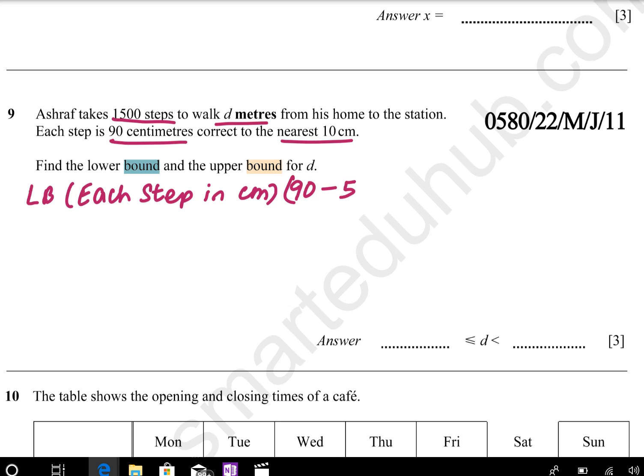So for the lower bound I'm going to subtract 5 from 90, which is 85 centimeters, and 85 centimeters is how many meters? I'll divide this by 100 to get 0.85 meters. Okay, so lower bound of each step is 0.85 meters.